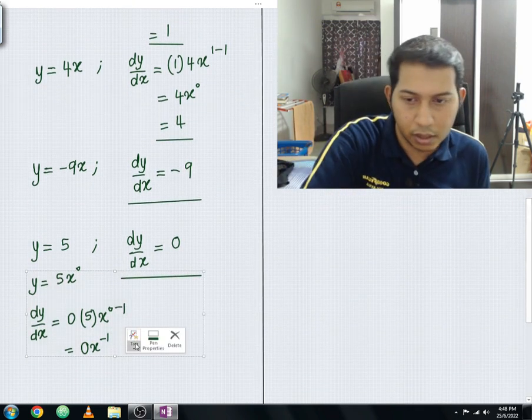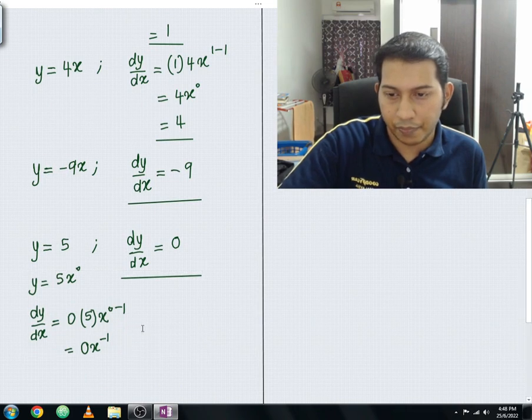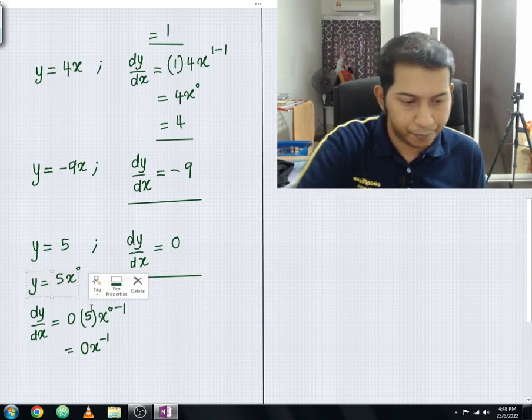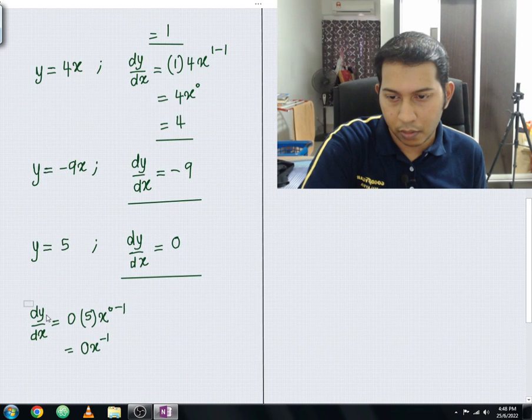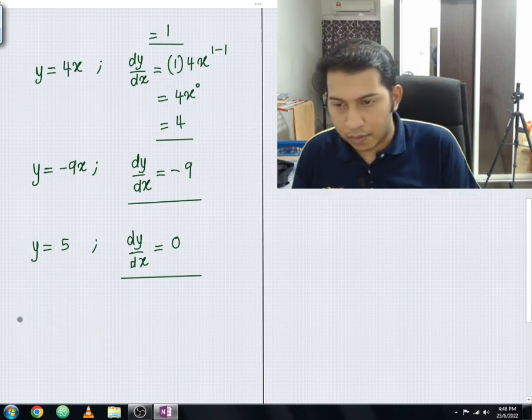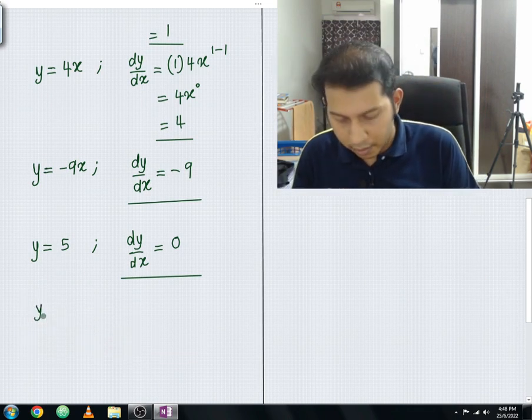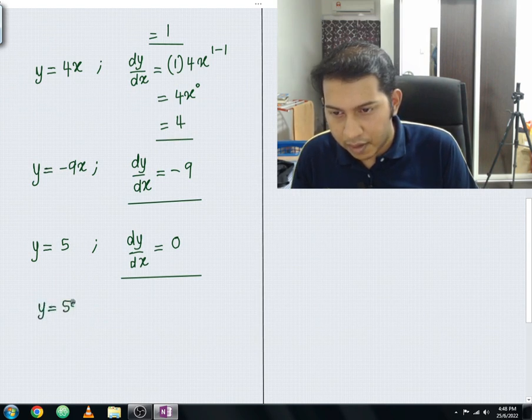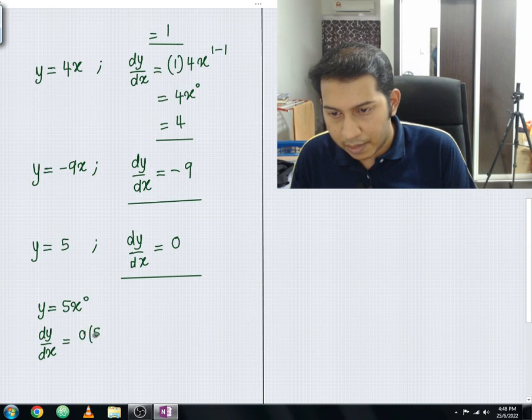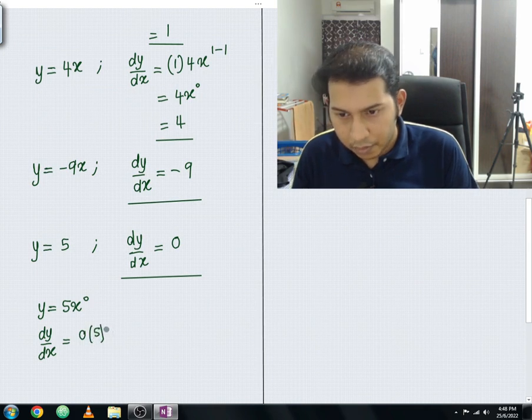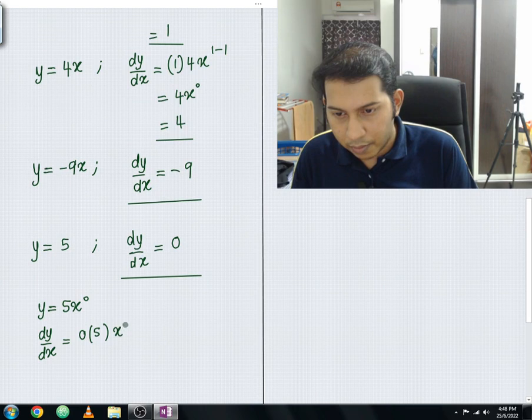So let me just write this in a proper way. From here, y equals 5x to the power of 0. So your dy dx equals 0 times 5 x to the power of 0 minus 1.